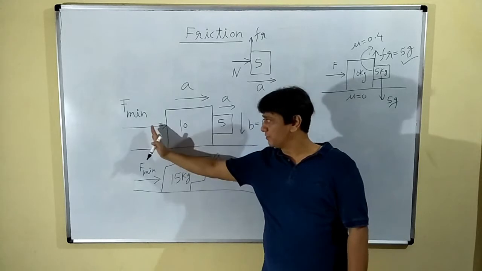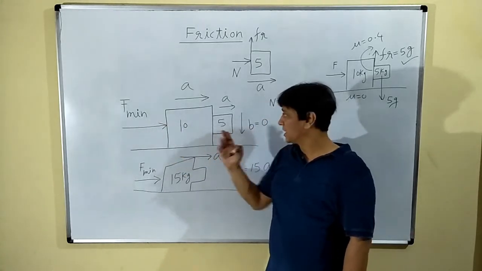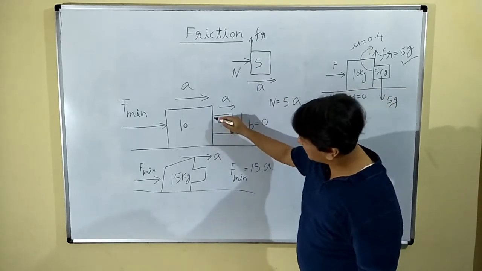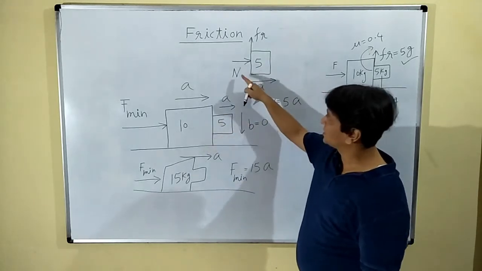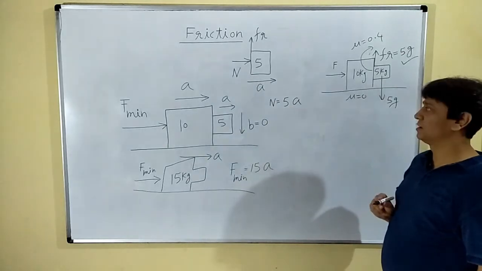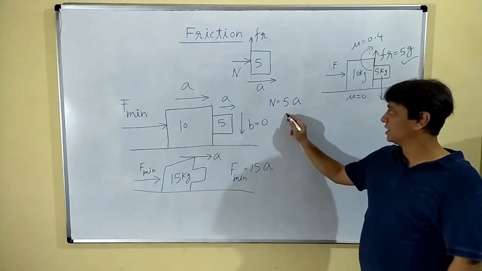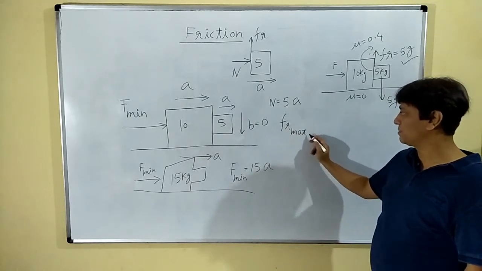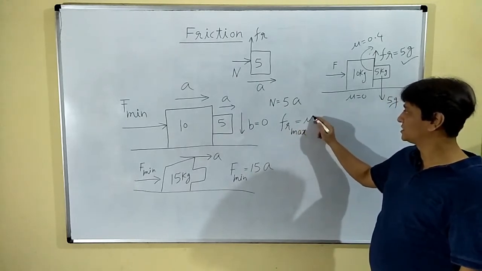पूरे पर F मिनिमम है. केवल 10 को देखेंगे फ्रॉम दिस साइड इज F मिनिमम. लेकिन अगर आपने 5 को अलग से ड्रॉ कर रखा है तो 5 at this contact surface is experiencing this force N only. What is N? 5a. अगर N पता है तो सबसे पहला काम क्या करते हैं N के बाद? Fr maximum. What is Fr maximum?